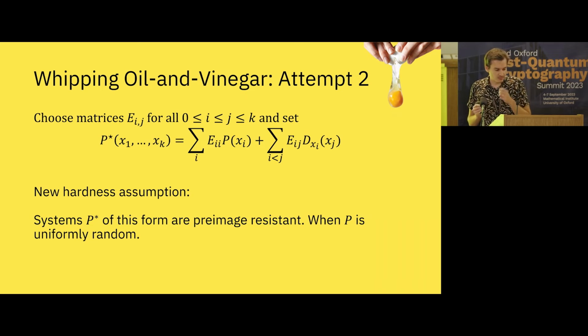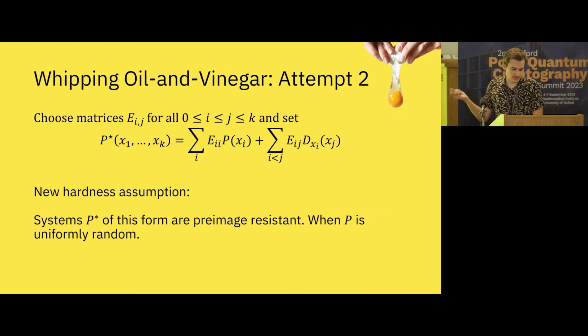There was also a problem that since you're adding independent functions, you can do generalized birthday attacks. To prevent this, we need to have some cross terms. So we also add these other terms. For every pair i and j, we have another matrix E ij, and then we add this differential. And this differential will also vanish if x i and x j are in your oil space.